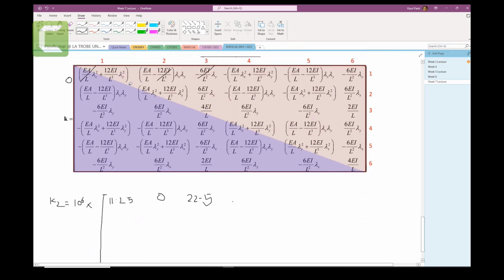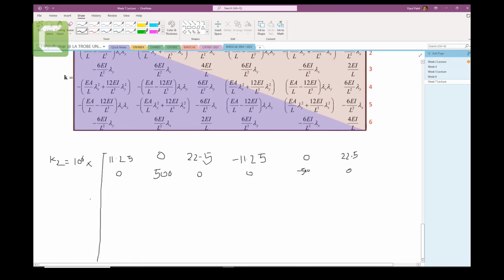And I'm just going to put those details here. I think you know where all these details are coming from. 0, 22.5, 0. We have 500. We have 0, 0. We have minus 500. We have 0. We have 22.5. We have 0. We have 60. We have minus 22.5. We have 0.